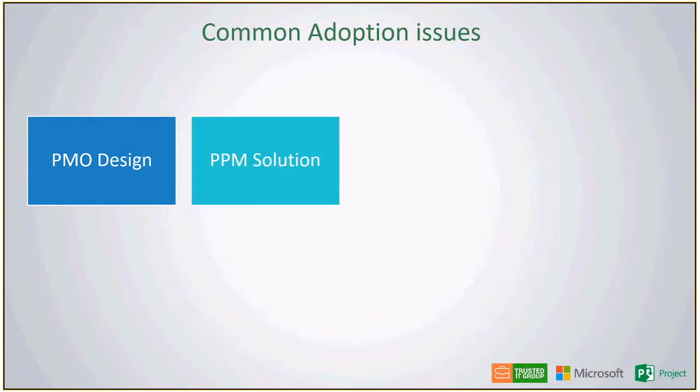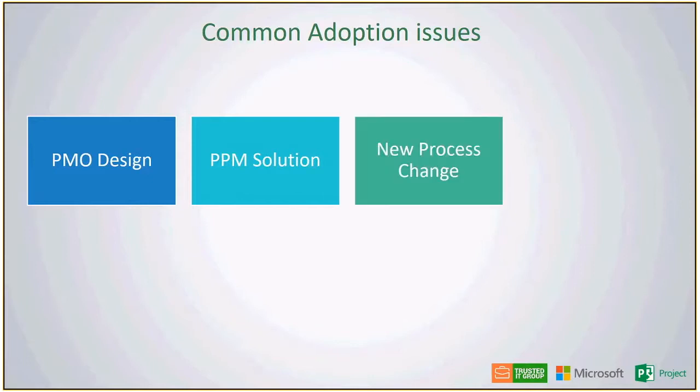Okay. Then we can talk about the PPM solution, right? And we're obviously going to focus on the Microsoft PPM solution, the configuration, the design of that tool, and how it will be aligned with the actual PMO design.